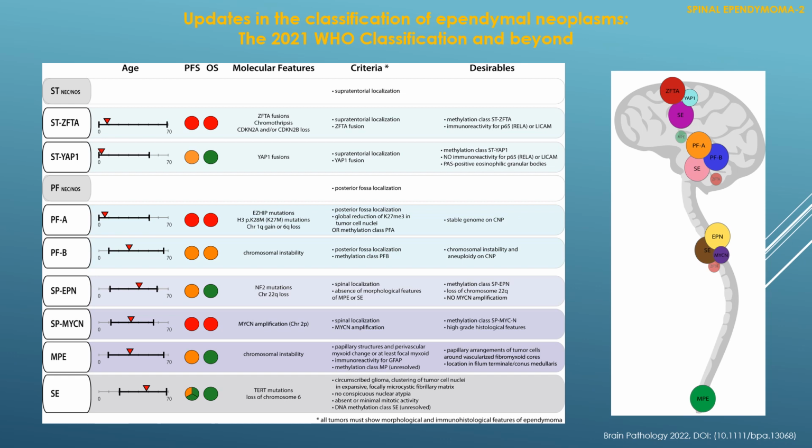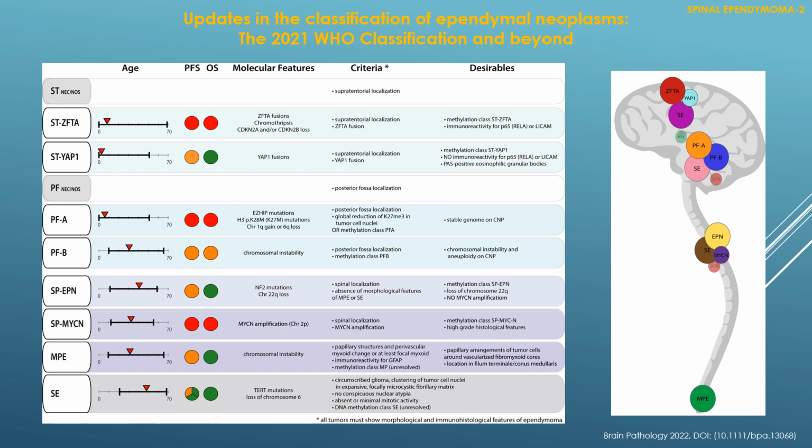On the illustration, I summarized the new 2021 WHO classification of central nervous system tumors that defines 8 specific types of ependymoma and 2 additional types that comprise tumors with specific locations but that cannot be assigned to another molecularly more specific type. Together, 10 different diagnoses now exist to classify ependymoma tumors.